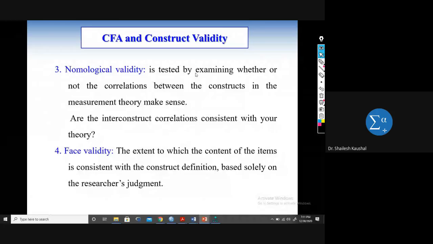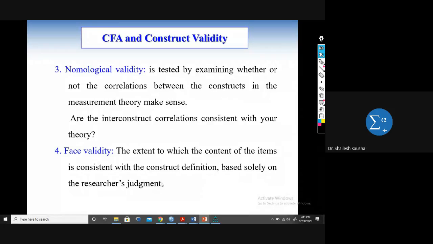Nomological validity is tested by examining whether the correlations between the constructs in the measurement theory make sense. Whatever constructs we are getting, means the inter-construct correlation matrix, whether they make sense or not. If theory says there is a positive correlation between two factors, then our results should also show the same thing. And face validity is the extent to which the content of the items is consistent with the construct definition, based solely on the researcher's judgment.